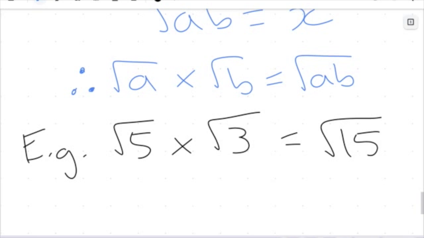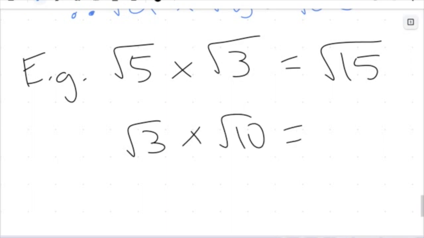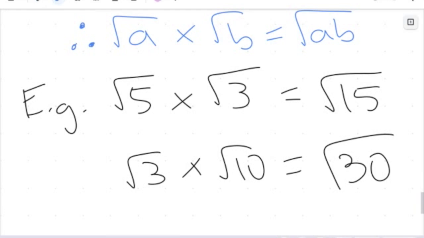If I had another example, root 3 times root 10, that would give me just the square root of 3 times 10, which is 30. And also, just to help us with the definition of our surd, both 15 and 30 are not perfect squares. So that means when I take the square root of 15 and 30, I'm going to get an irrational number. So both of these are surds.